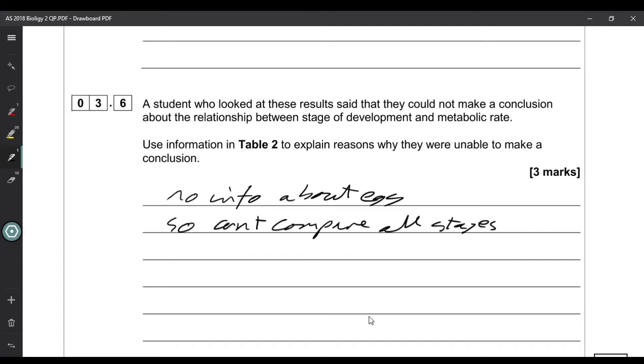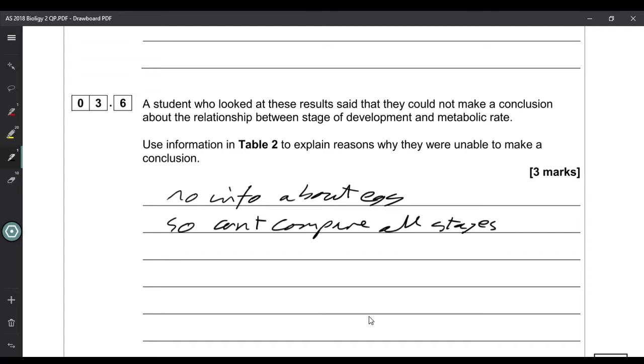Just looking at the value of the mean rate, it looks like the adult is much lower than the tadpole, for example. But without knowledge of the standard deviation, we don't know whether, when you take into account the standard deviations, there may be an overlap or they may be really close.